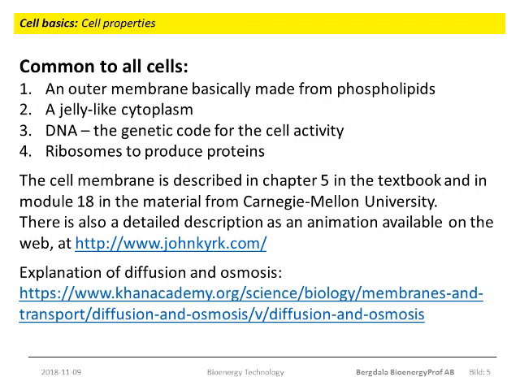The cell membrane is absolutely crucial for the cell function, and it is treated in Module 18, pages 111 through 114 in the material from Carnegie Mellon. In the textbook, you will find that one full chapter, chapter 5, is devoted to the cell membrane.